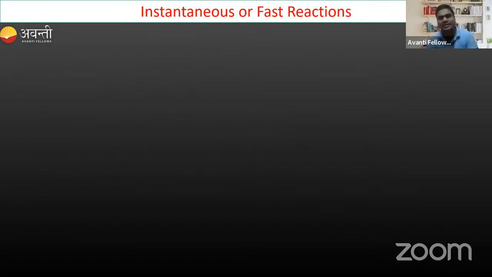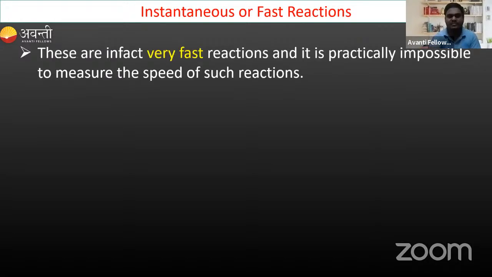We can classify the rate of reaction into three types: instantaneous or fast reaction, average or moderate reaction, and very slow reaction. So what is an instantaneous or fast reaction?